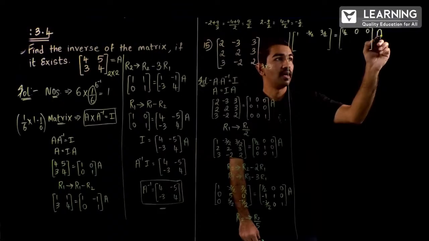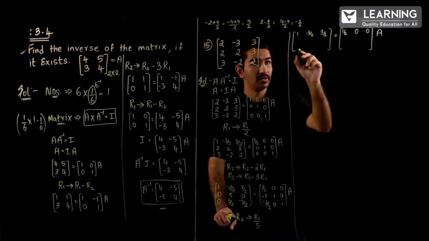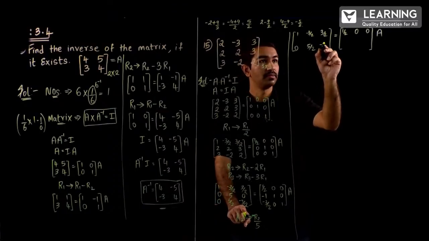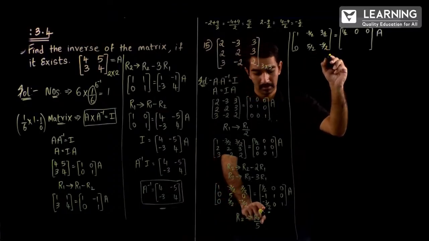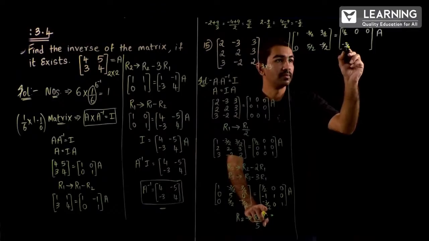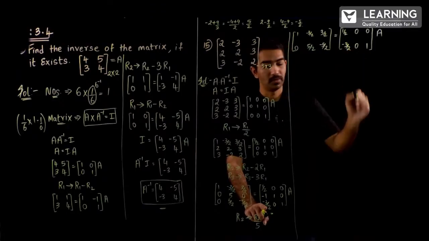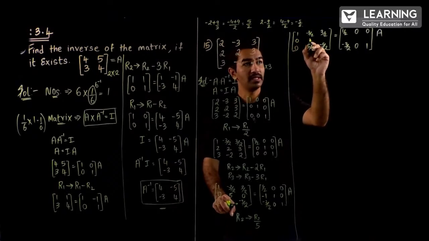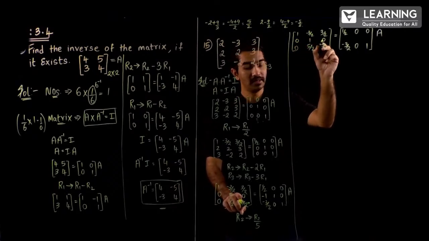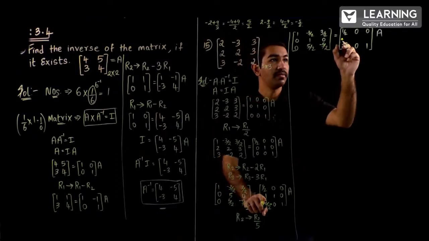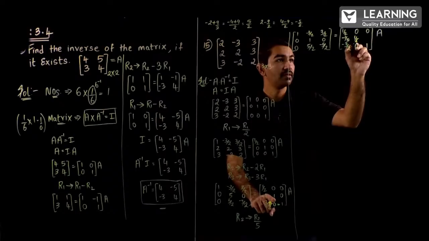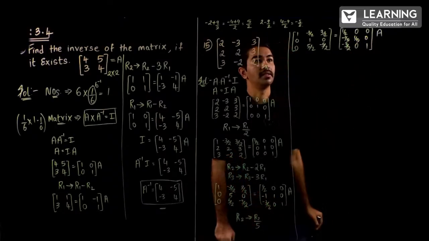R3 is 0, 5 by 2, minus 5 by 2, minus 3 by 2, 0 and 1. So this is remaining: 0 by 5 is 0 only, 5 by 5 is 1, 0 by 5 is 0 only. So minus 1 by 5, correct? This will become 1 by 5 and this will become again 0.